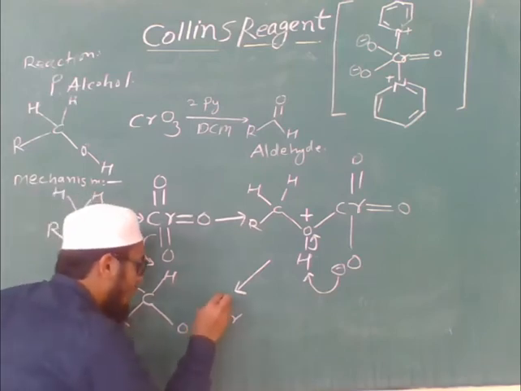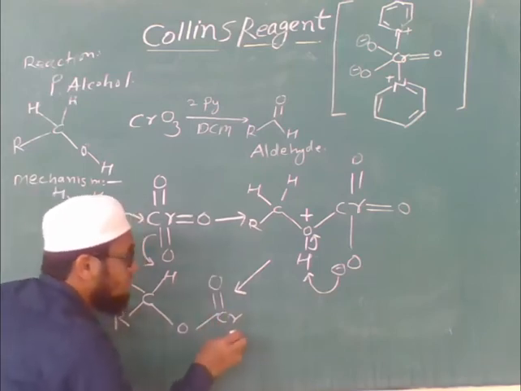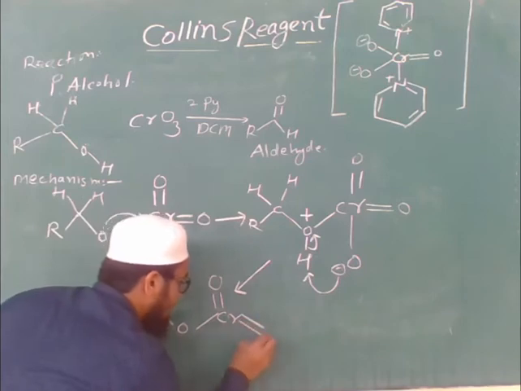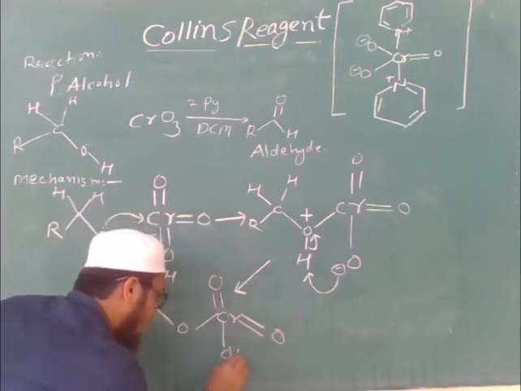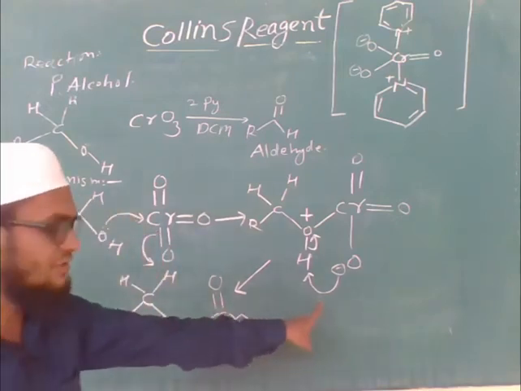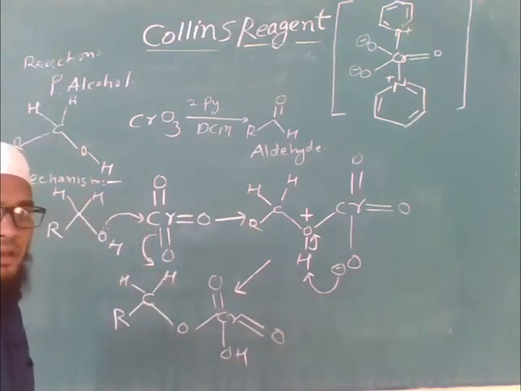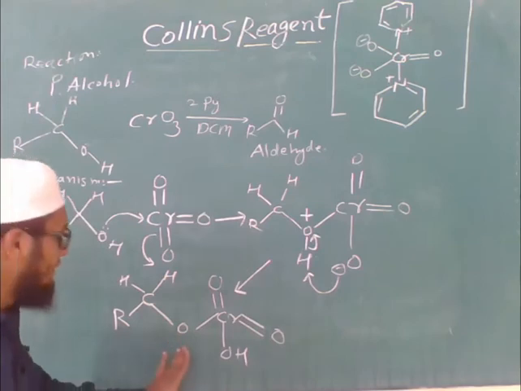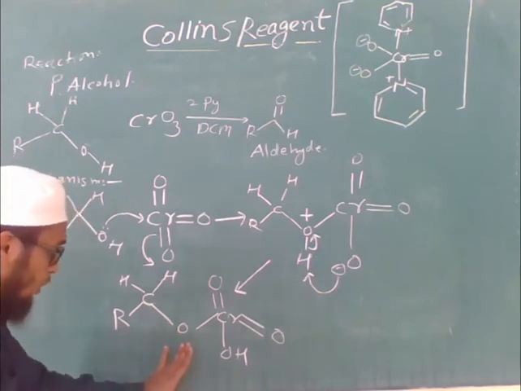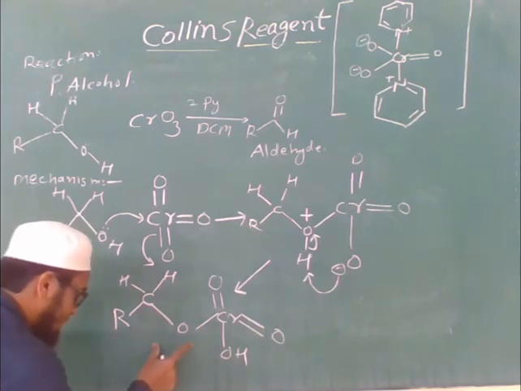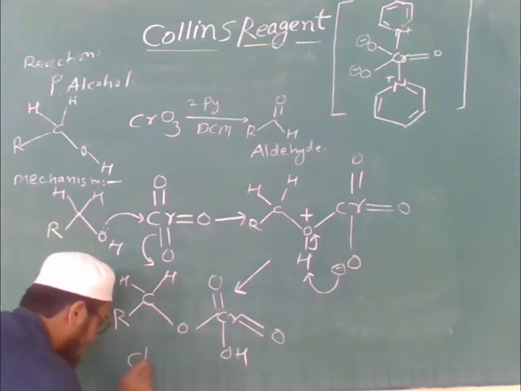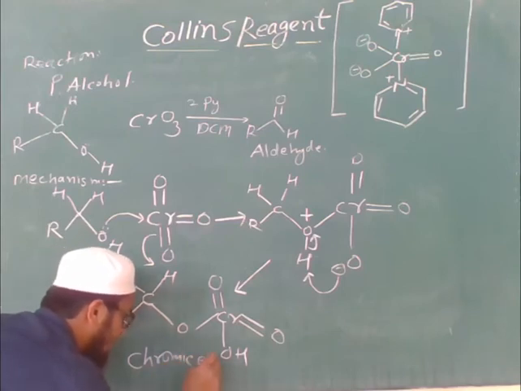Chromium has its oxygens, these two oxygens on chromium, and this one is our OH, which has formed in this step. So this is called a chromic ester. Formation of chromic ester in the first step.